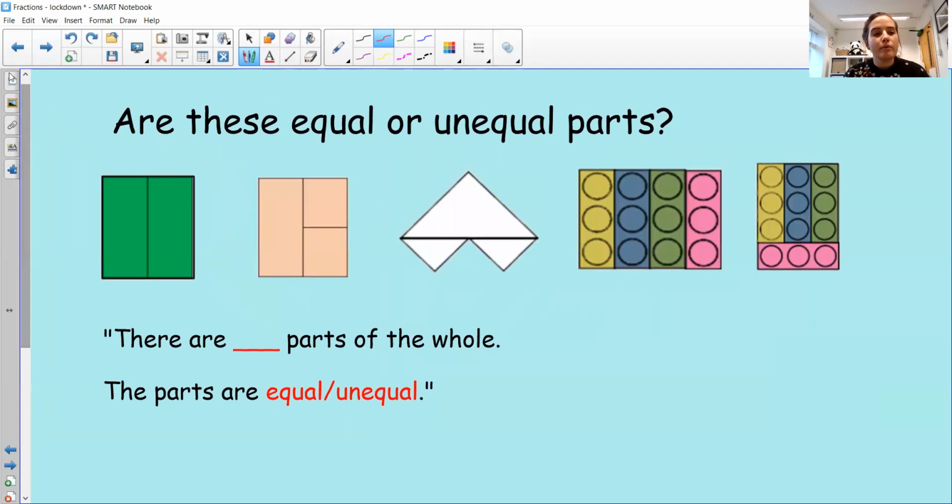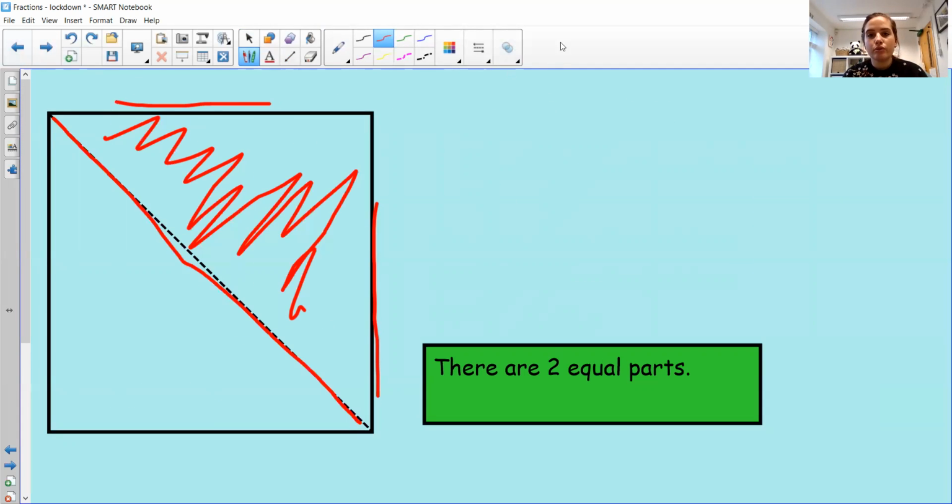Okay, before we move on, I just want to draw your attention to something as well. So I've been showing you in a square, but I think it's really good to use this visual representation, this model, to help you when we start looking at recording with fractions.